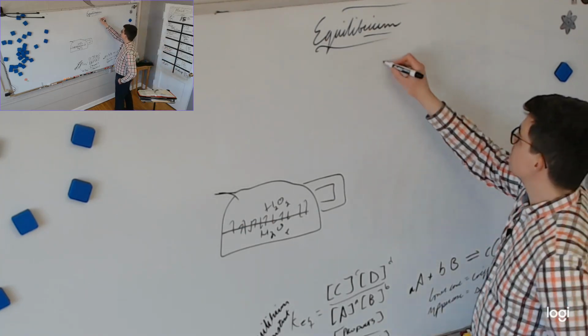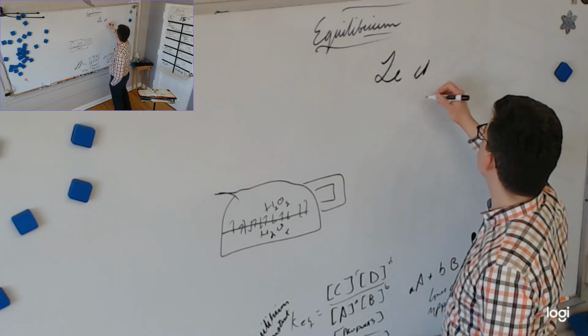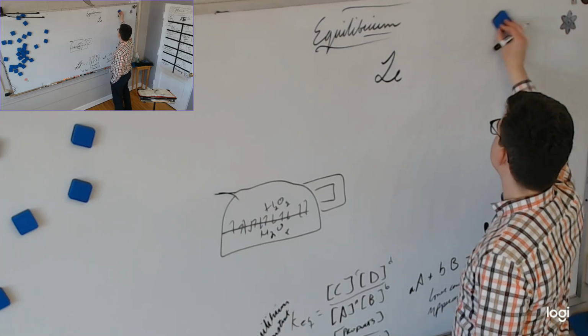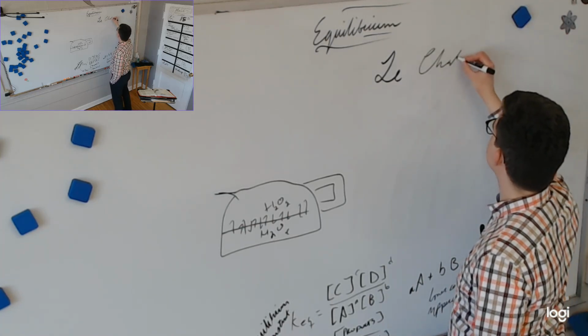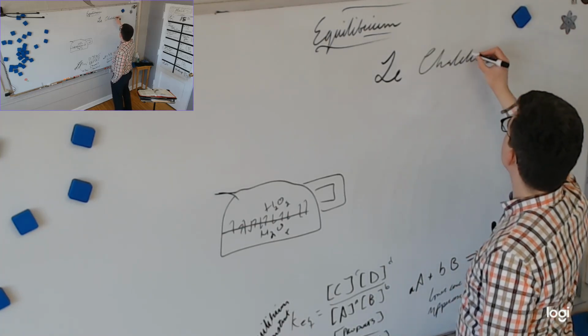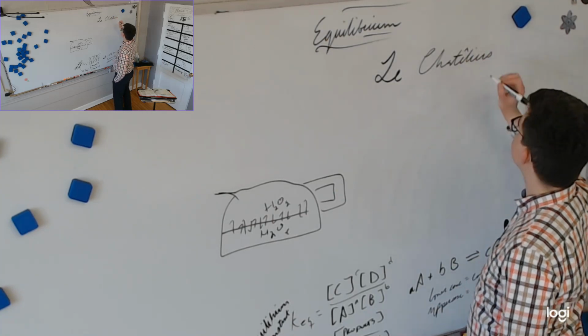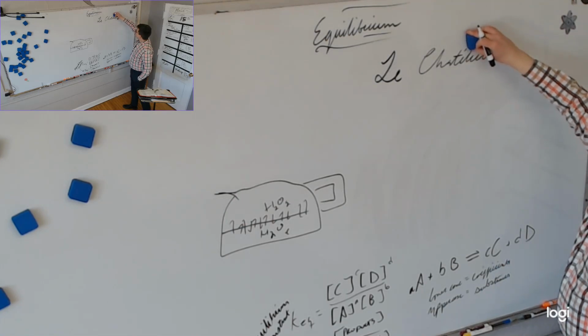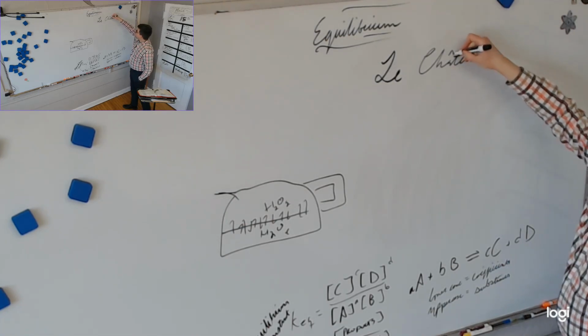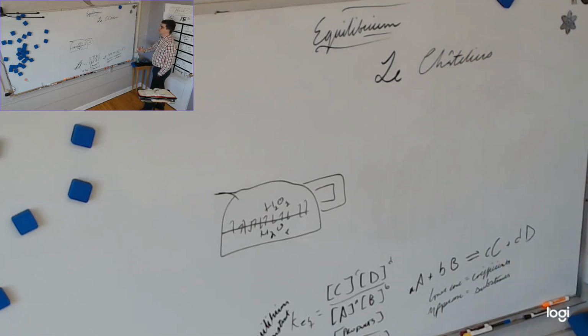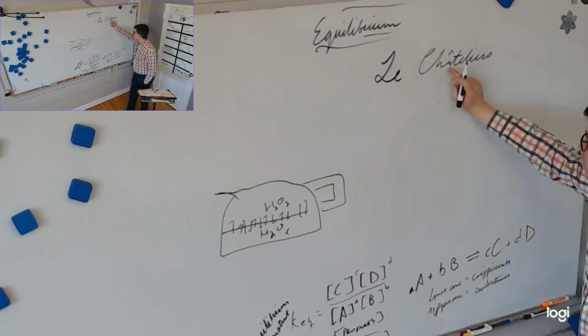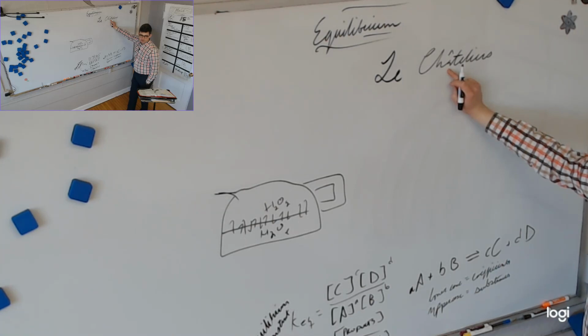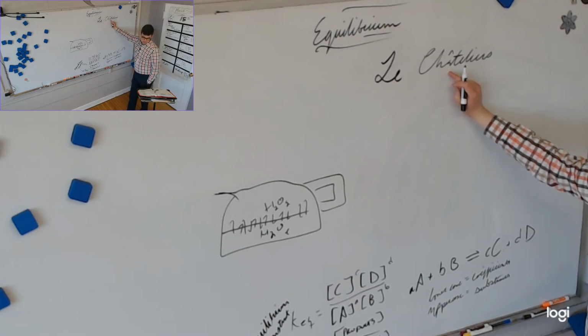Le Chatelier's principle. Oops, we have to capitalize the man's last name. Oops, I put the chapeau over the wrong letter. There we go. Le Chatelier. Just so you know, in French, this little thing means that in Old French, there was another consonant after this that has been omitted in modern French, but it also makes it look cool.